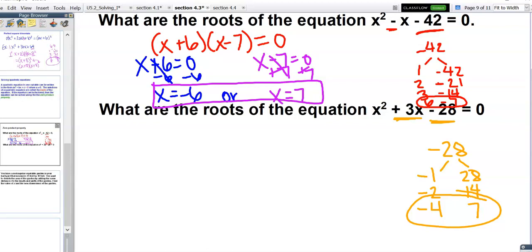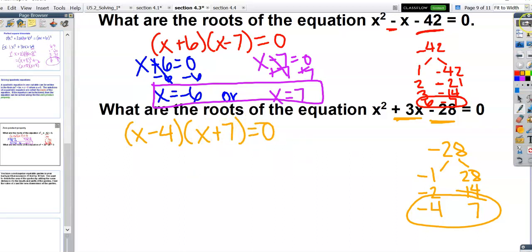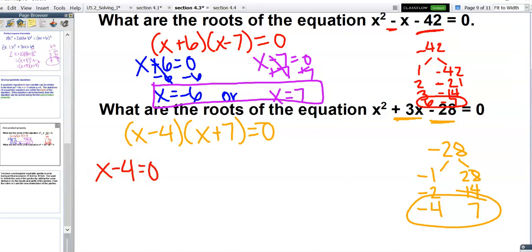So we're going to rewrite the equation as x minus 4 times x plus 7 equals 0. We'll solve for one term at a time. So x minus 4 equals 0.